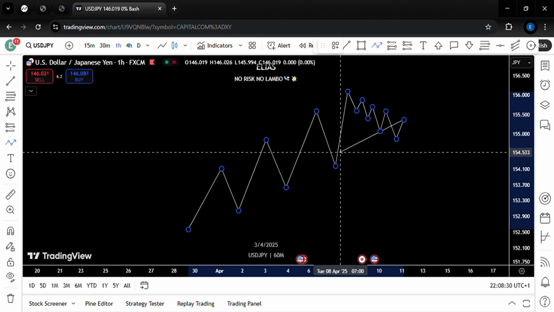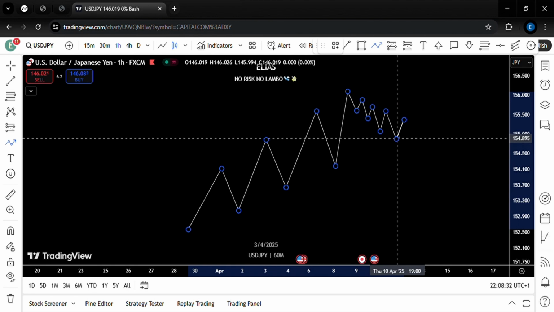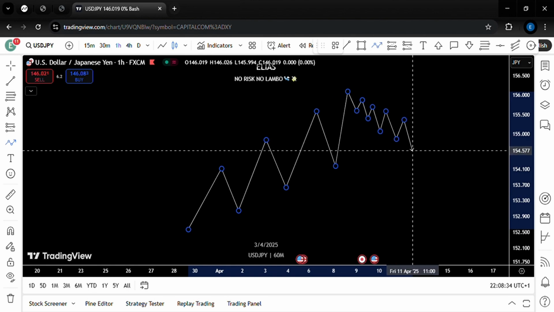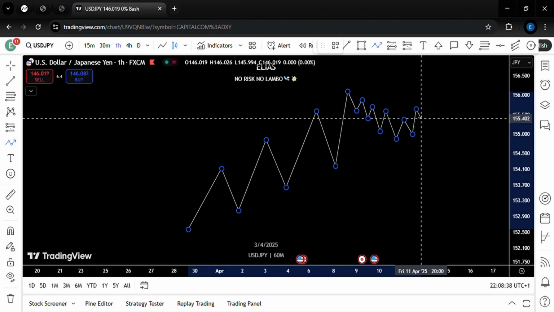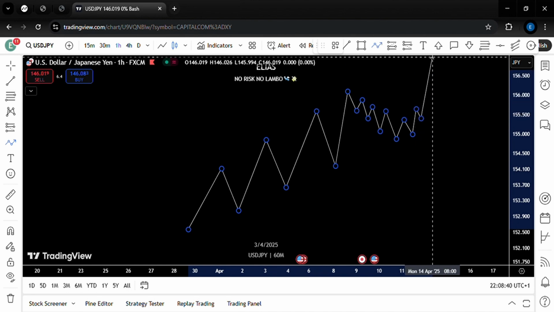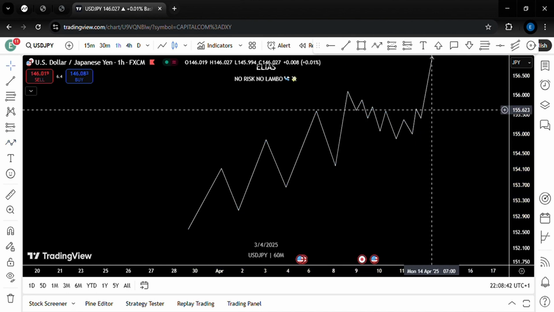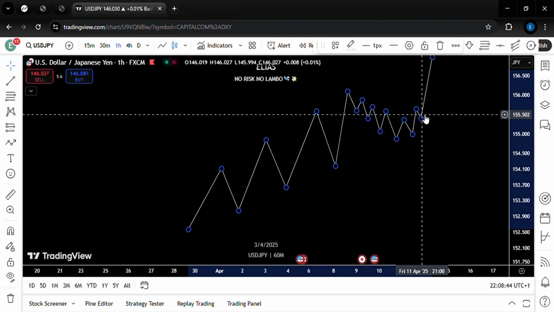So we'll go to our demand zone where we want to buy from, and then we'll see price creating an impulsive movement again, which is what happens here.